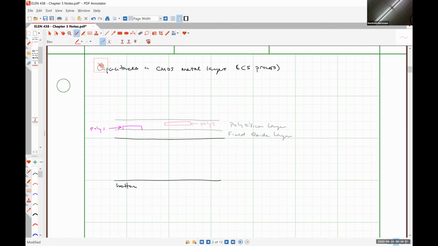All right, above the poly layer, we have our metal 1 layer, which I'm going to put in, I'm just going to arbitrarily make it large like this.